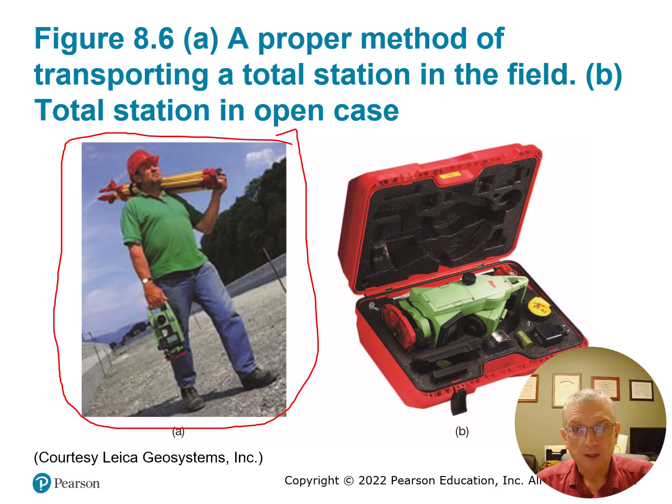Another way, in some situations, some topographic areas, is we'll actually put it in the box in between points. And a lot of these instrument boxes have backpack straps, and it's not all that comfortable. It's not padded.